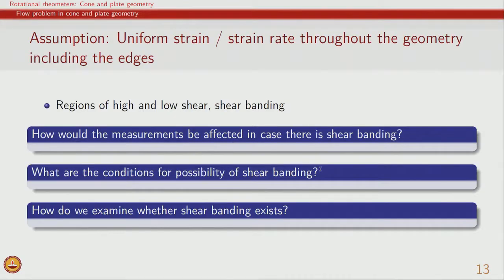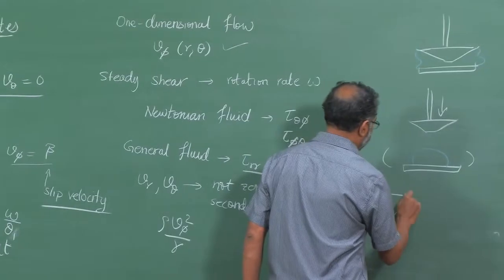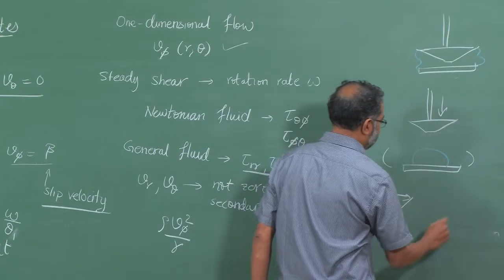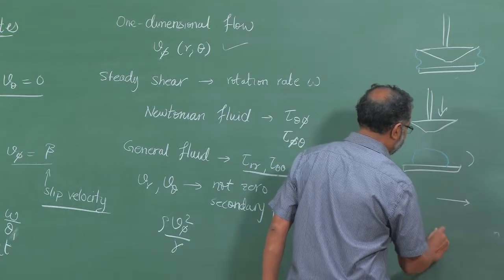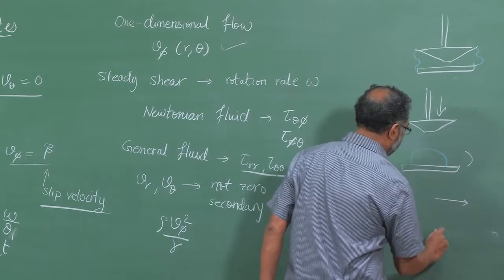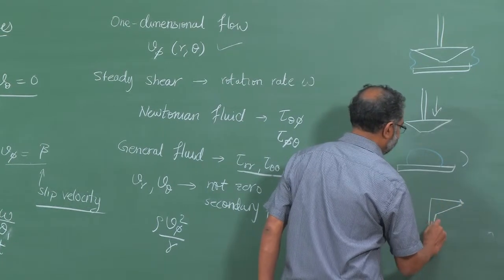So one last effect, which is also quite common, is related to non-uniform shear, where the material, instead of having a linear velocity profile, as we have said, we are imposing the top plate, so that velocity will remain, imposing the bottom plate, so that velocity will remain, but you may have some feature like this.